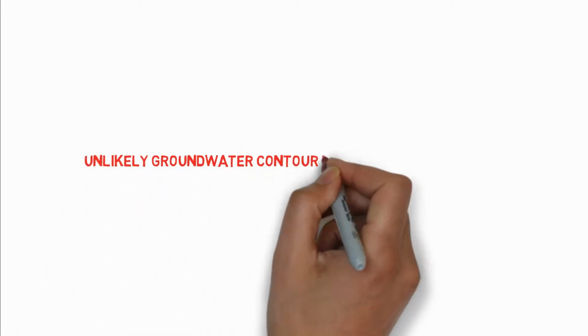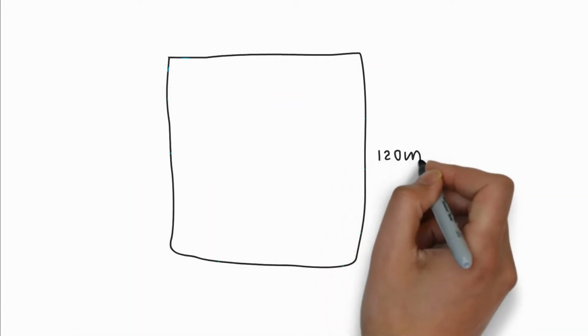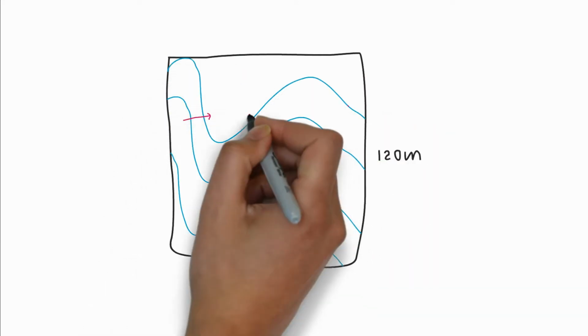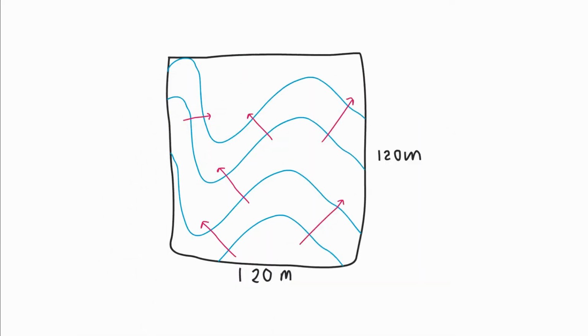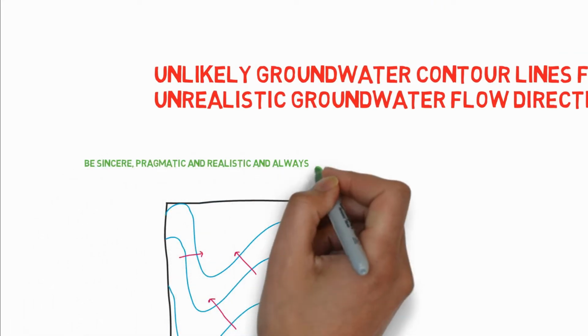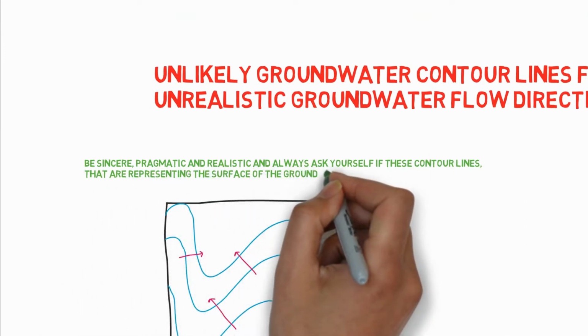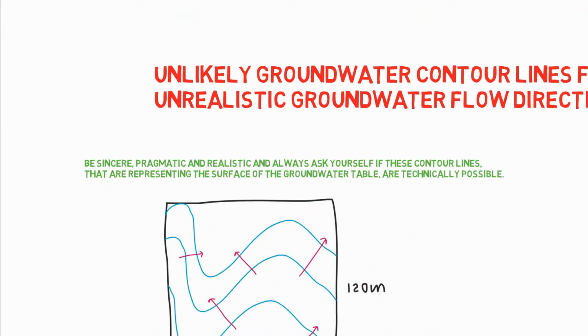Five. Unlikely groundwater contour lines for small sites and unrealistic groundwater flow direction maps. Be sincere, pragmatic, and realistic, and always ask yourself if these contour lines that are representing the surface of the groundwater table are technically possible.